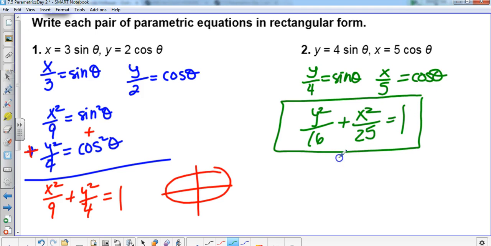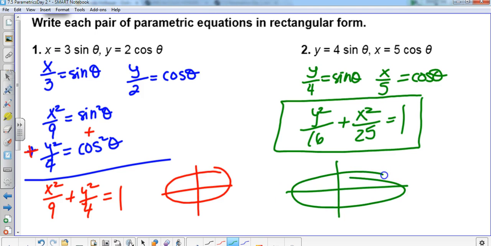Skip steps. Anybody get y squared over 16 plus x squared over 25 equals 1 on that one? Is that one longer horizontally or vertically? It goes out to 5 this way and 4 this way. It's actually pretty round, right? 5 one way and 4 the other. Not like my picture.